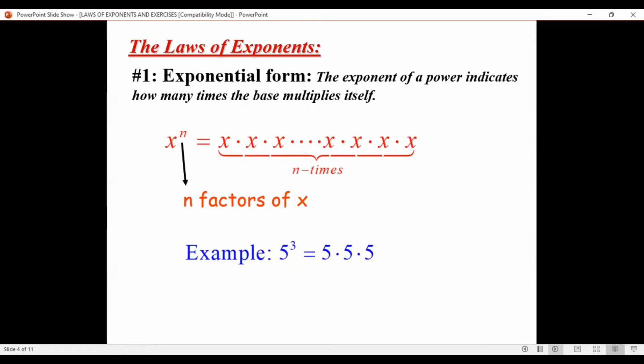So the first law is the exponential form. When you are given x raised to n, remember that the n here is the number of times the x is multiplied by itself.